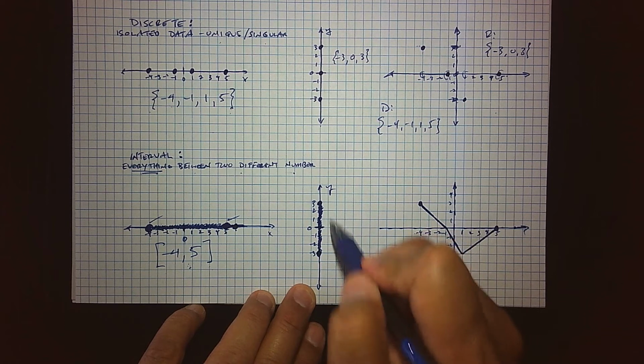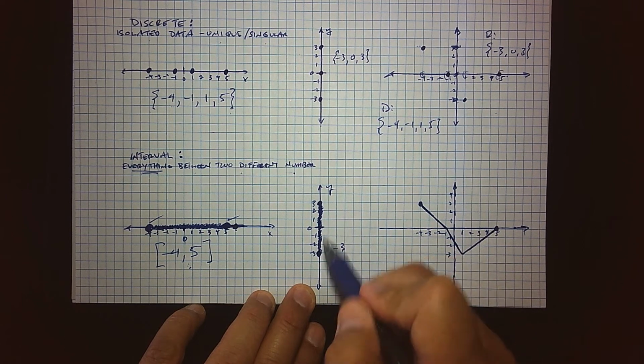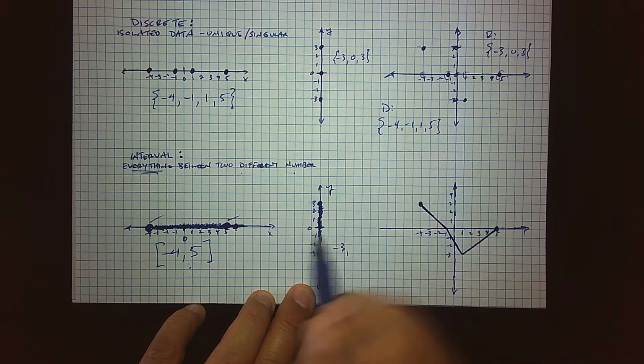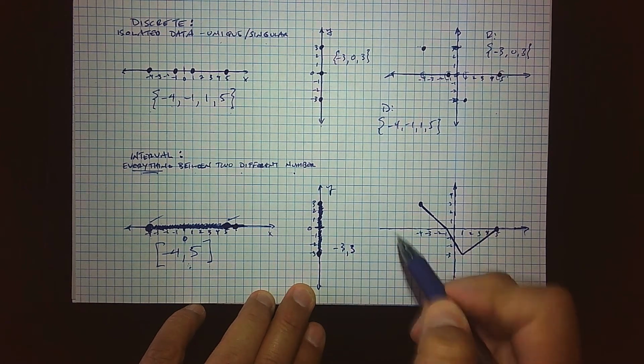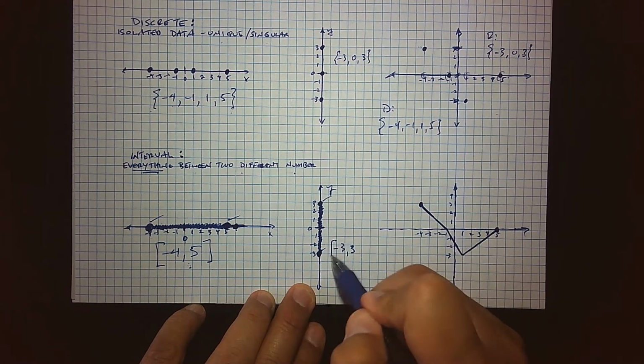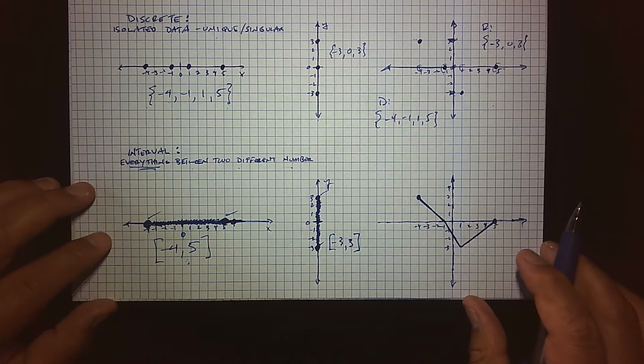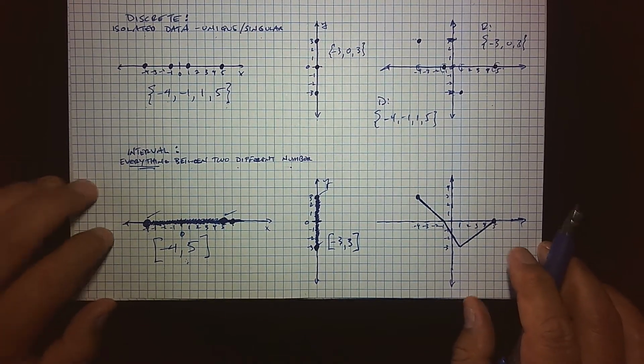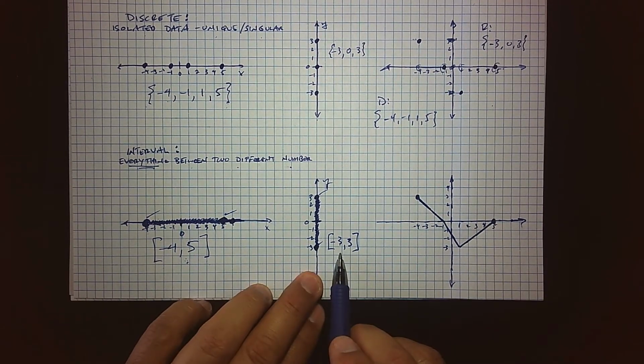So the set here would be what bounds me below, -3, and what bounds me above, positive 3. Since we're including those boundary points, I'd have brackets, negative 3, 3. So this interval notation indicates that we're talking about all values between negative 3 and 3, including those two values.